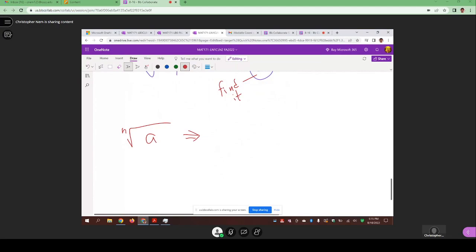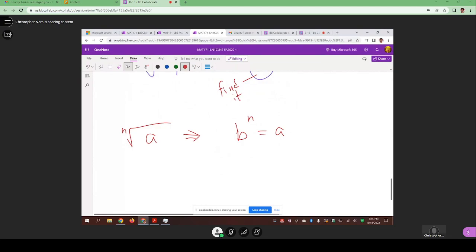This implies that we're going to have some number b raised to some n power that is going to give us that a. Okay? So you don't have to just do square roots. If you do any number other than 2, we have different names for it. So we'll call it the nth root, or sometimes your book says the nth principal root. It could be the second root, third root, fourth root, fifth root, sixth root.